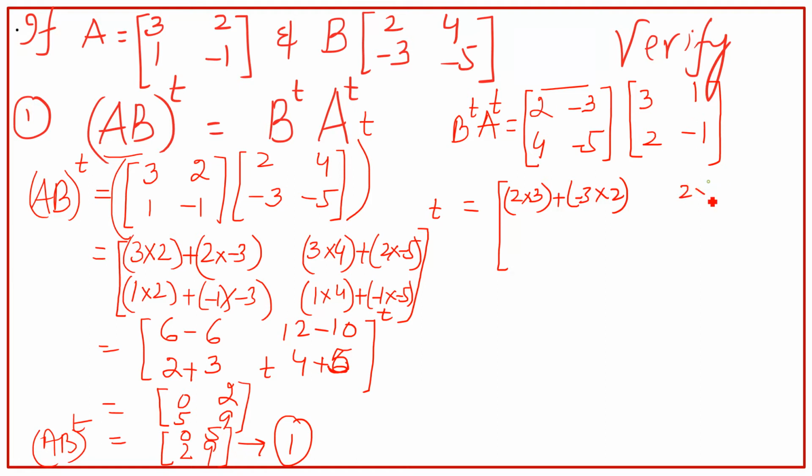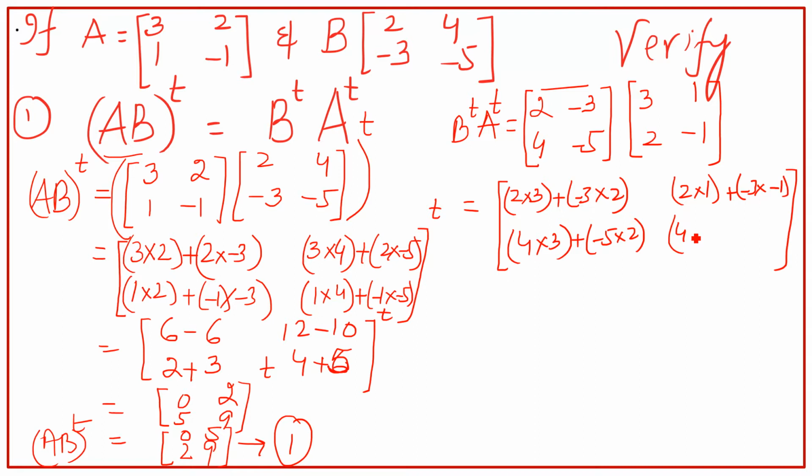2 multiplied by 1 plus -3 multiplied by -1. 4 multiplied by 3 and plus -5 multiplied by 2.